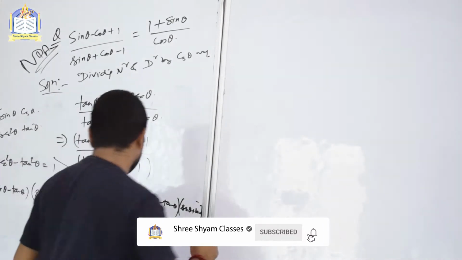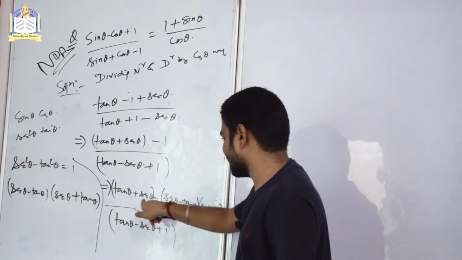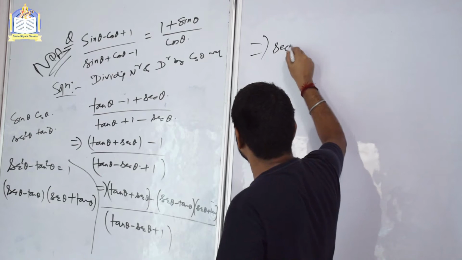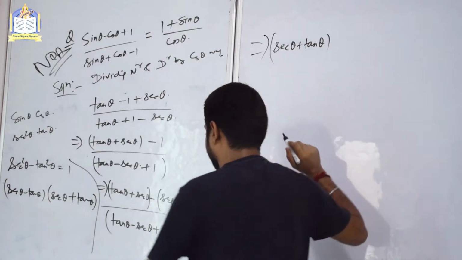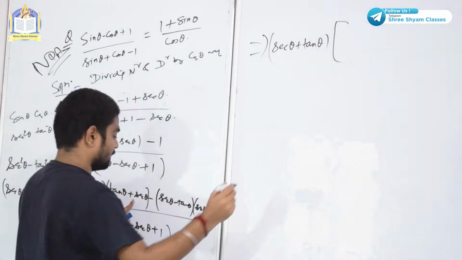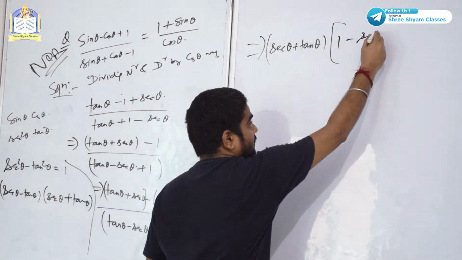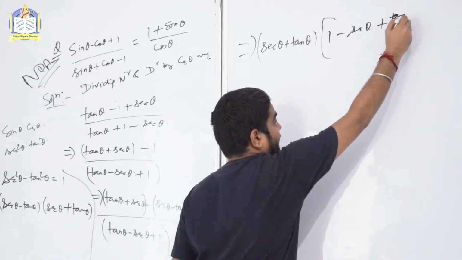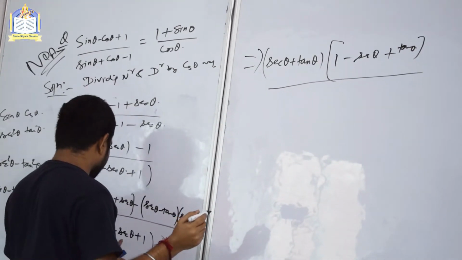Okay, now you can see here tan theta plus sec theta is common in both the terms, so sec theta plus tan theta can be taken common. Here we are left with 1, and this is minus sec theta, and minus minus is plus, so this can be written as plus tan theta, and in the denominator we are left with 1 minus sec theta plus tan theta.